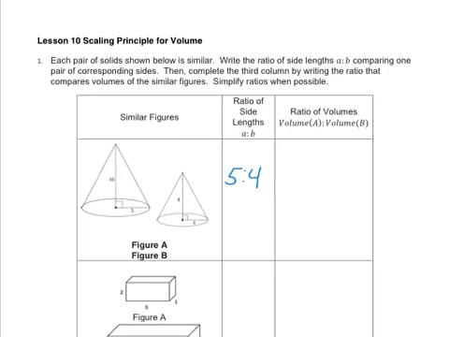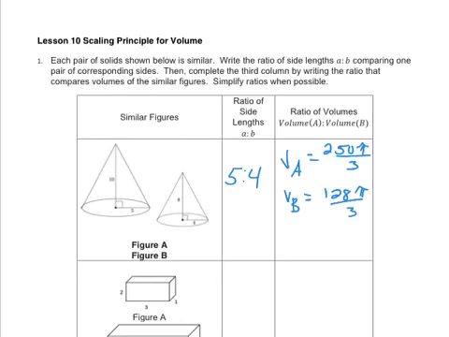Now, if you calculated the volume of the larger cone, in terms of pi, I'm going to leave everything exact, it ends up being 250 pi over 3. And then the volume of the smaller cone, again in terms of pi, ends up being 128 pi over 3.